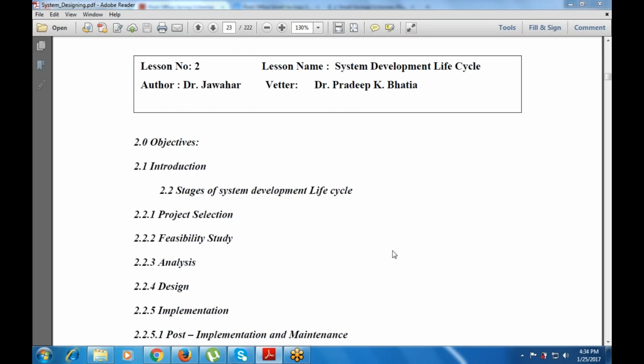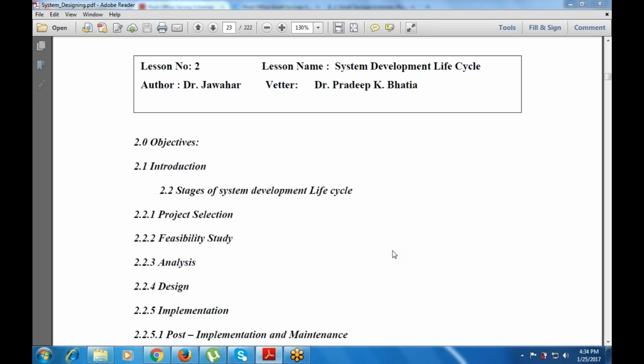Say about the objective, introduction, project selections. These are the various steps in the feasibility study. So what is a feasibility study?